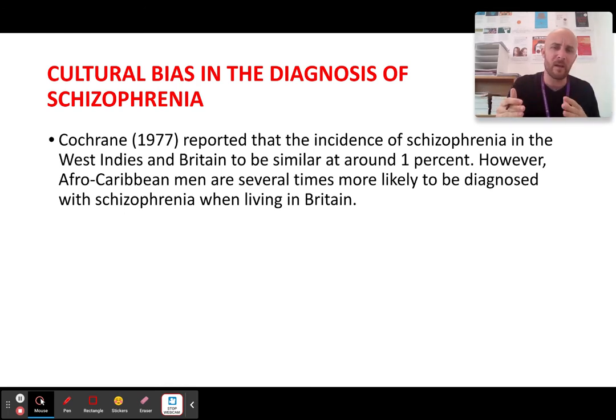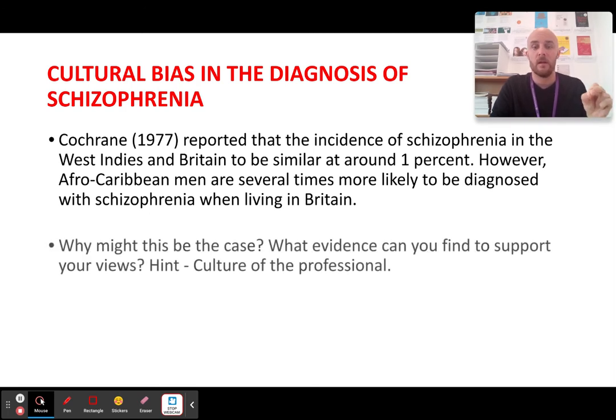So they're much more likely going to suffer schizophrenia in Britain than the West Indies, because we see some of their behavior as schizophrenic. They don't, because it isn't to them.